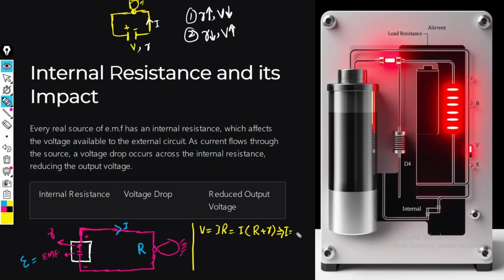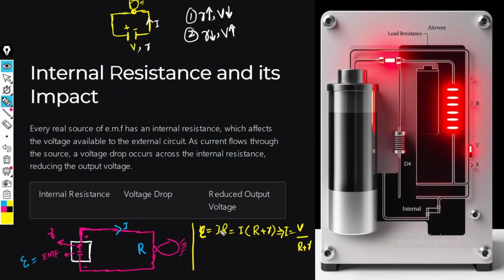I is equal to V by small r plus capital R, where V in this case is the electromotive force.